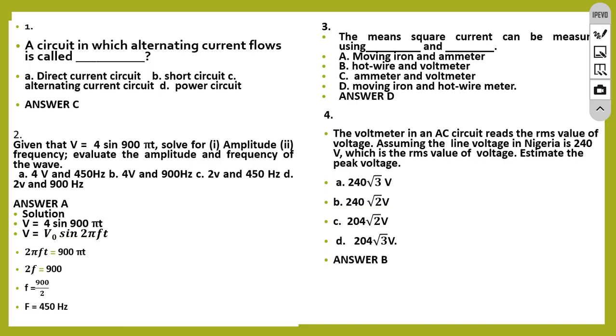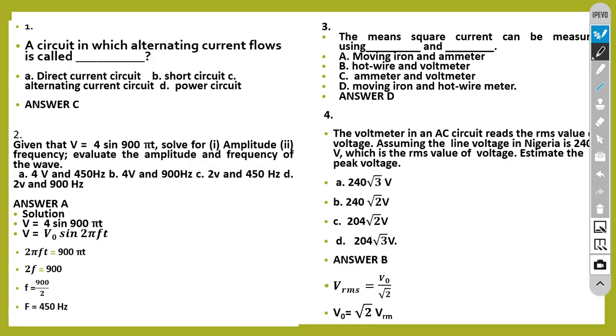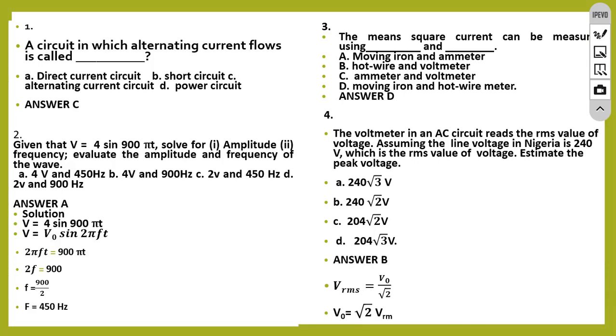Okay, so the correct option is B, 240 root 2. Using this expression, V root mean square equals the peak voltage all over root 2. We were given the root mean square voltage to be 240 volts. Since we were asked to find the peak voltage, we make peak voltage the subject, then substitute the value.